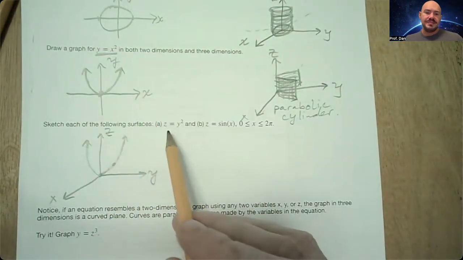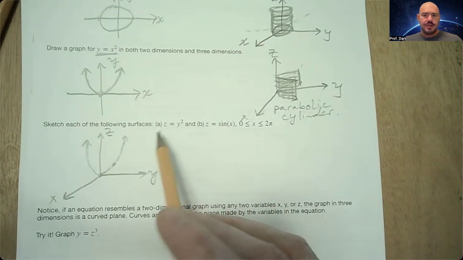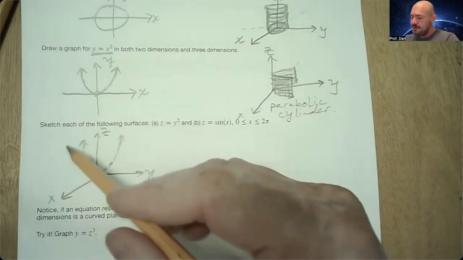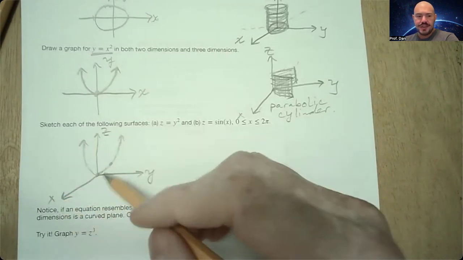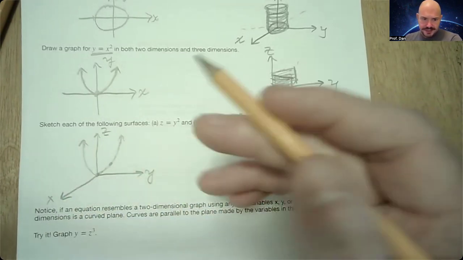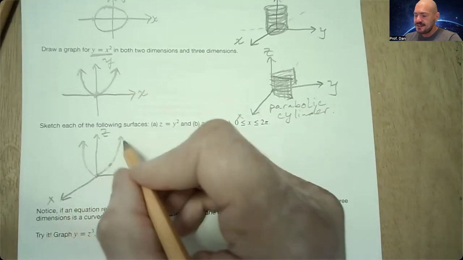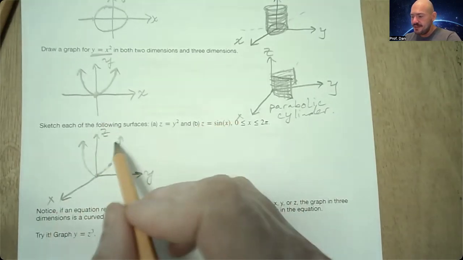Because this does not depend on x at all, we know that we're basically going to have a bunch of parabolas going all the way up and down the x-axis, right? All of their vertices are going to be on the x-axis and they'll extend up just like these do, right?